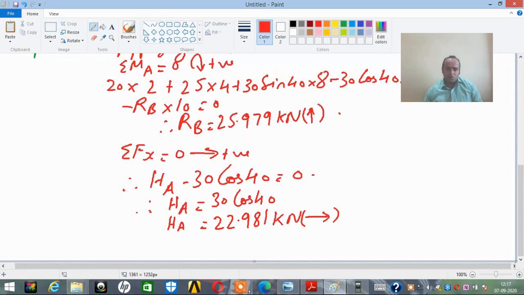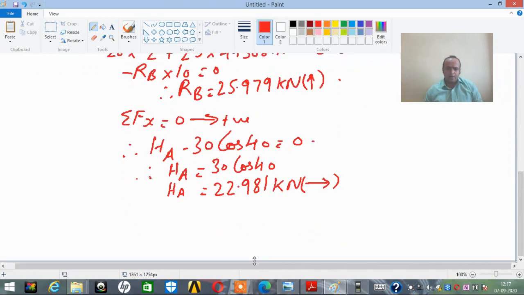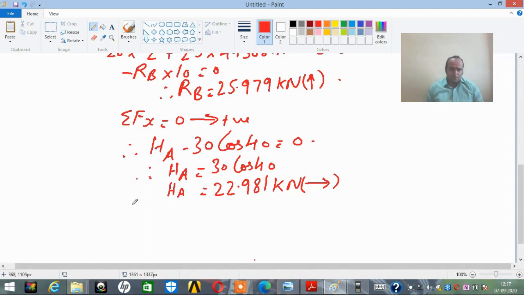Okay, now let us go for the value of VA. The last value which is left for us is nothing but VA. So summation of Fy is equal to 0, acting in upward sense as positive.